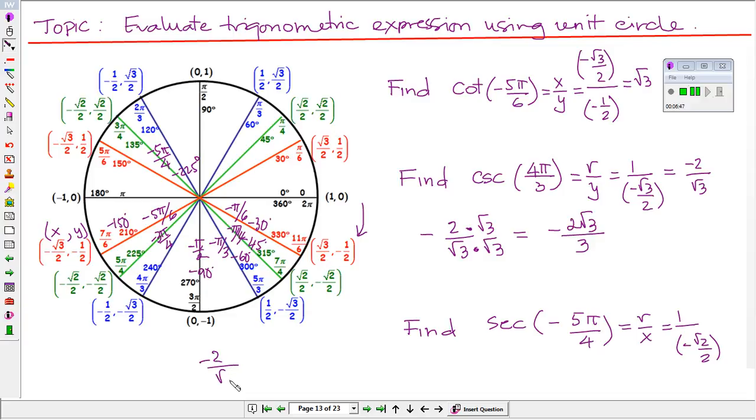So we end up with negative 2 over square root of 2. Let me make a note: this is secant of negative 5 pi over 4. And we need to do one extra step to rationalize the denominator. So our final answer will be negative 2 times square root of 2 over 2.